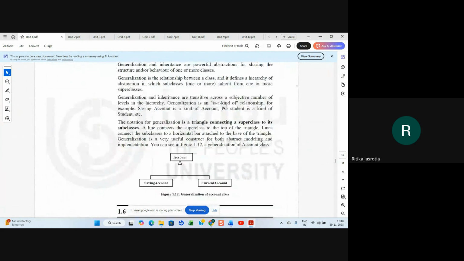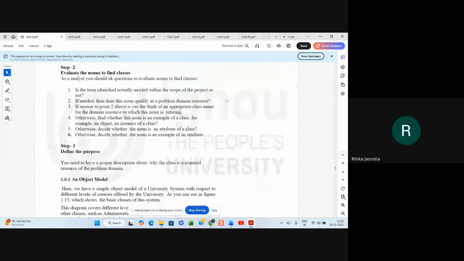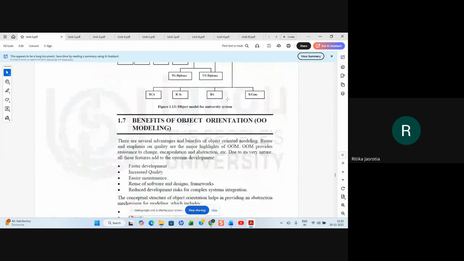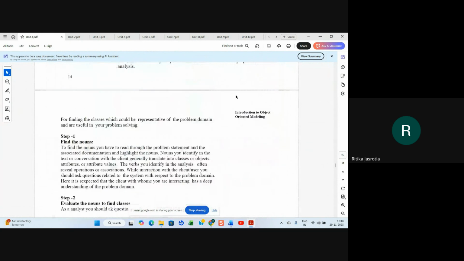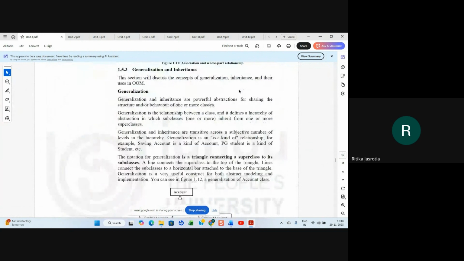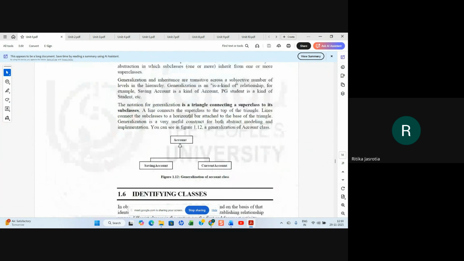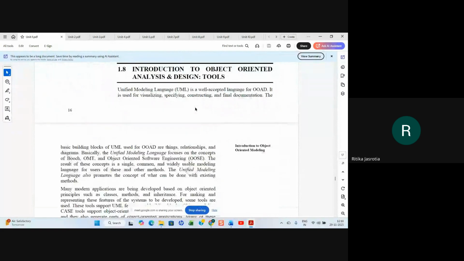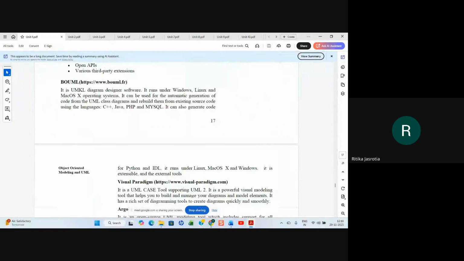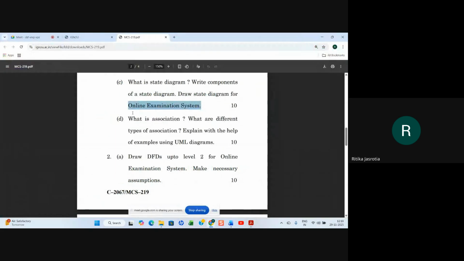Composition is also there. Generalization is also a kind of, so they are abstractions. So this is what you have to explain here. Explain with the help of an example. Again, you can give associations over here.